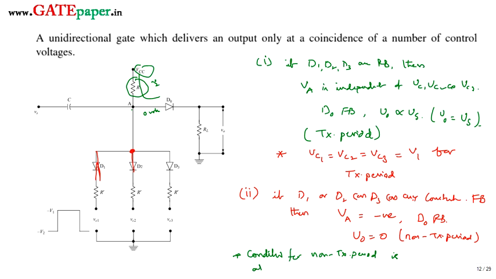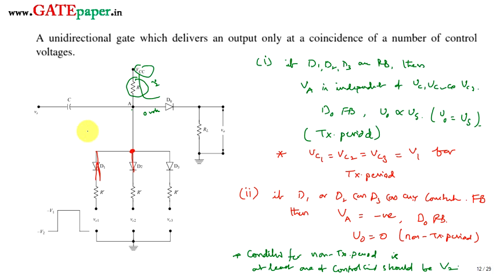At least one control signal should be at V2. Then the corresponding diode will be forward biased, that makes the voltage at the P side of D0, that is node A voltage, negative, that makes diode D0 reverse biased, so V0 will be 0. So that is the non-transmission period.